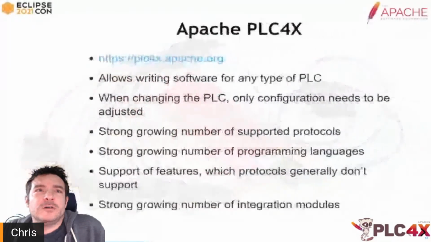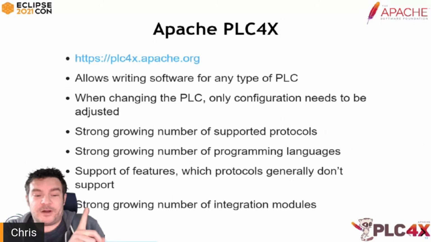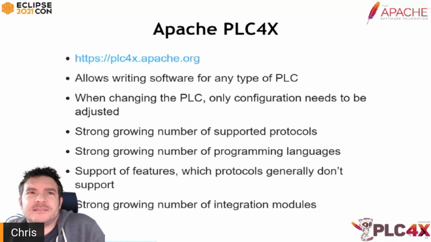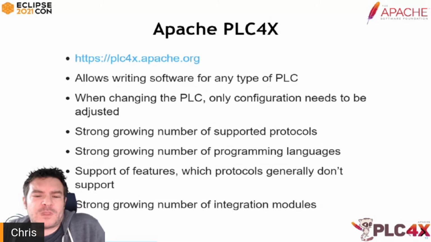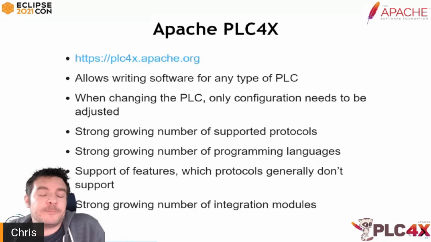If you want to learn more about PLC4X, I strongly suggest you go to our website. But just to sum it up, Apache PLC4X allows you to write software for accessing data on any type of PLC. If you change a PLC from one type to another, only the configuration needs to be adjusted. The program can stay the same.